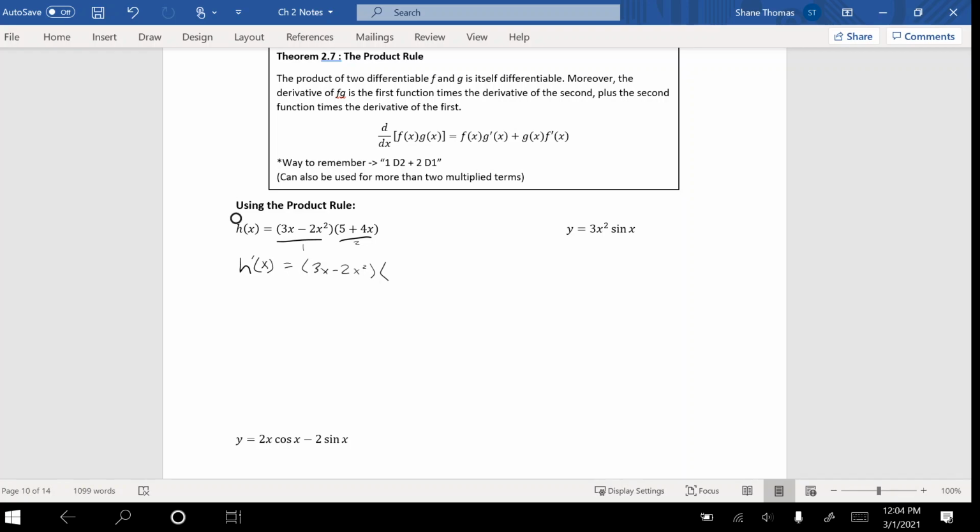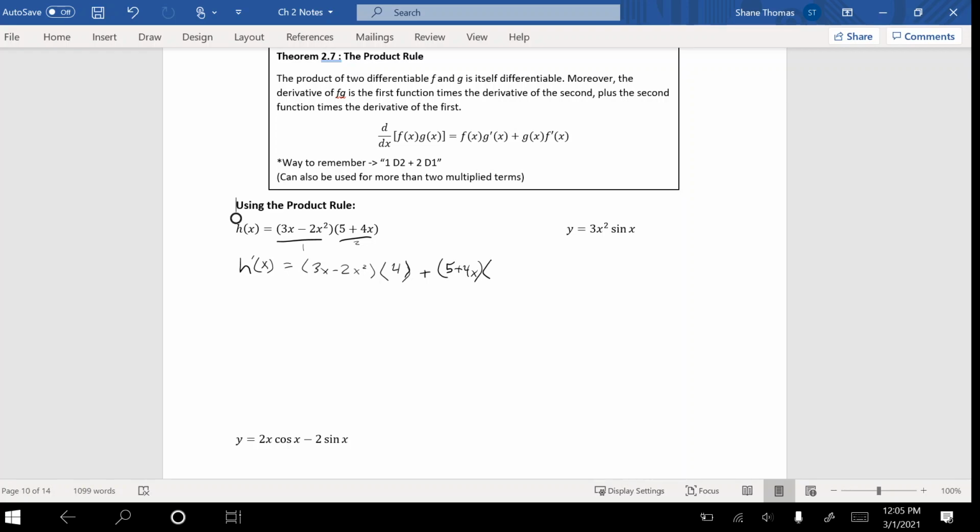5 plus 4x. What's the derivative of that? Just 4. Yep. And then plus 2, which is 5 plus 4x, times d1.